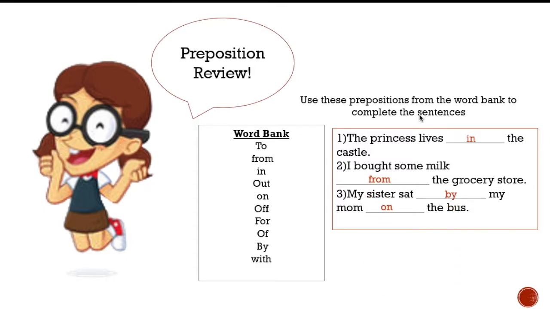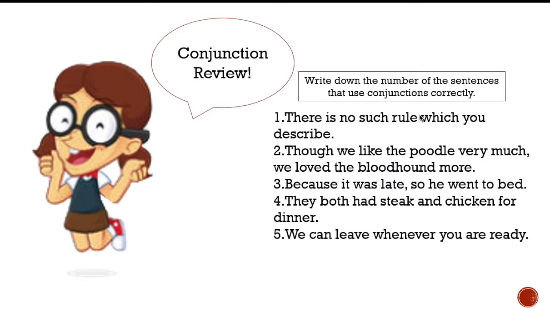Let's move on to the next exercise. In this conjunction review, write down the number of the sentences that used conjunctions correctly. Go on ahead and pause the video and then we'll review. Great, you finished. Let's see how you did.